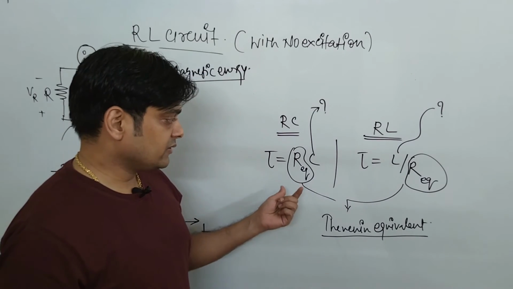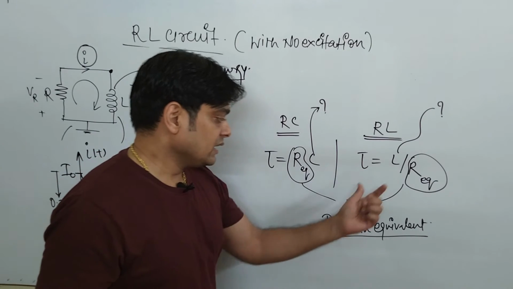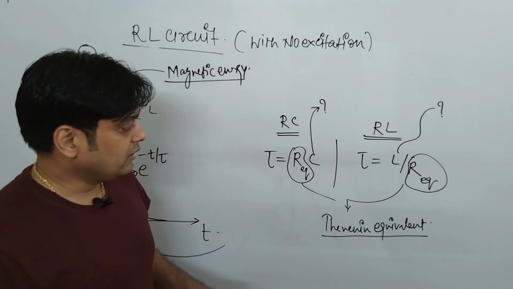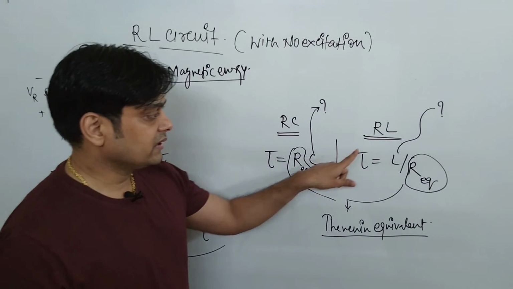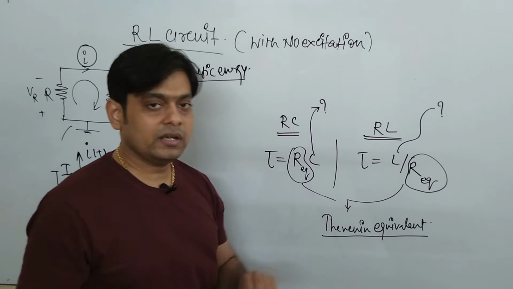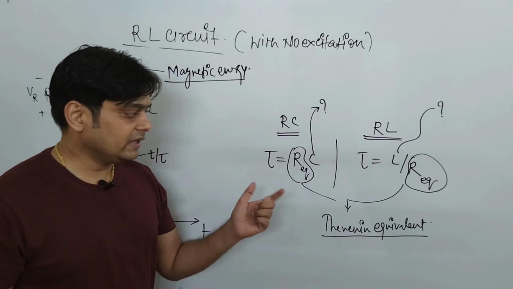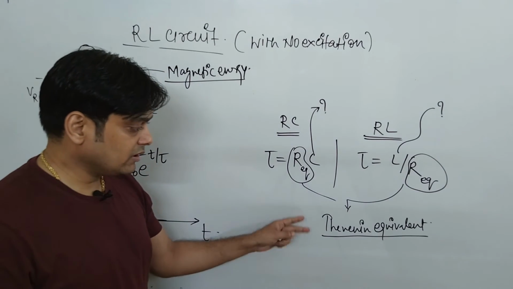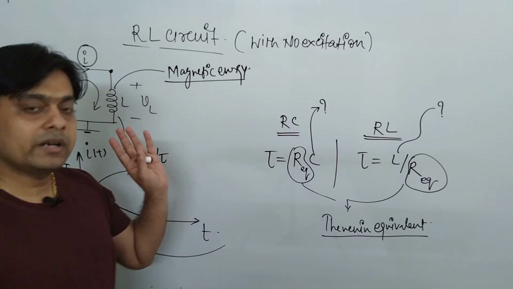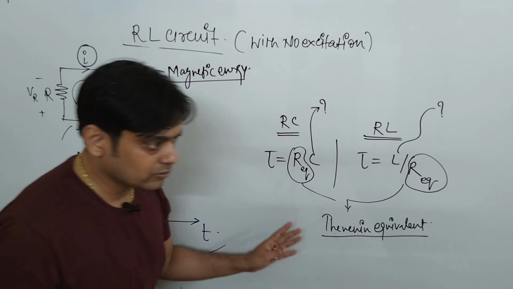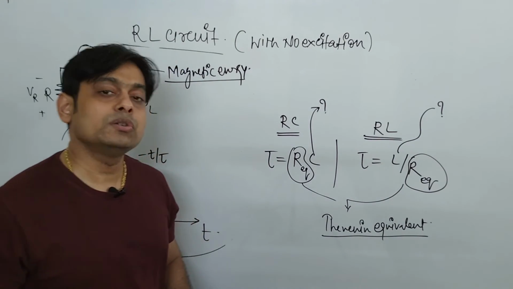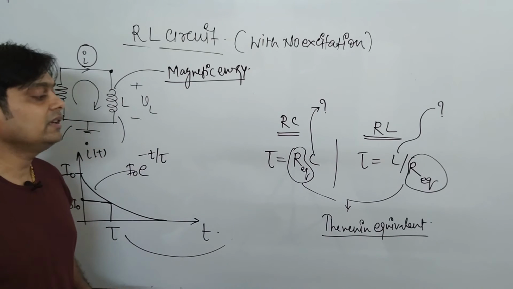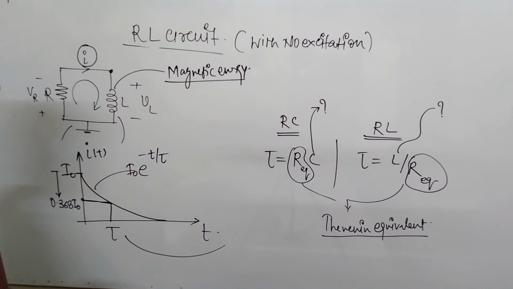But for the time being, just try to understand this R equivalent is basically your Thevenin equivalent, and it is always found across the capacitor in case of an RC circuit, and across the inductor in case of an RL circuit. How we will find that, we will see. The concept of Thevenin equivalent is the same which we have already learned. That is, if a dependent source is there, you know the condition, and if independent sources are there, you know the condition. So that we will see later in the problem sessions also.